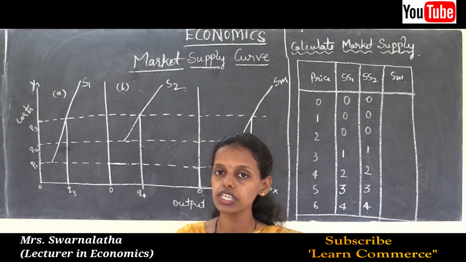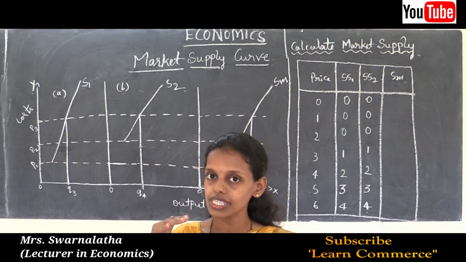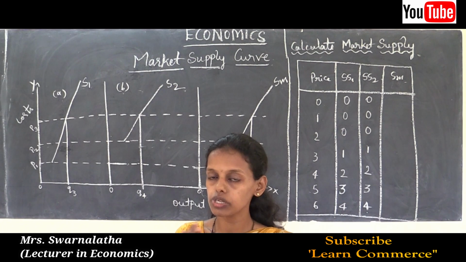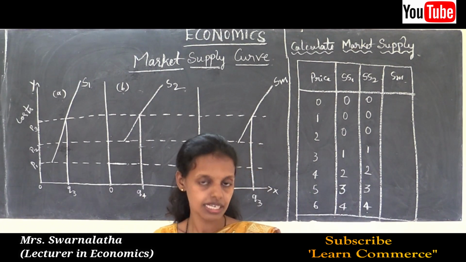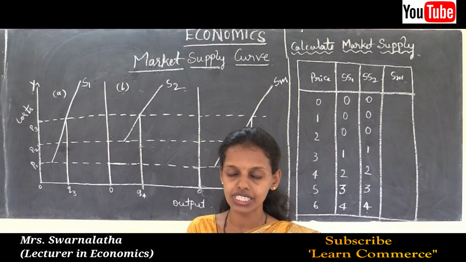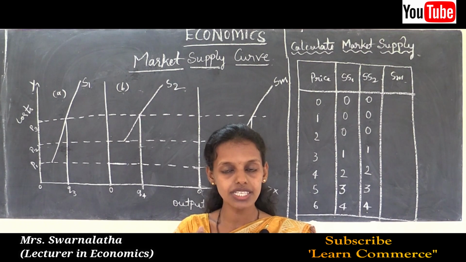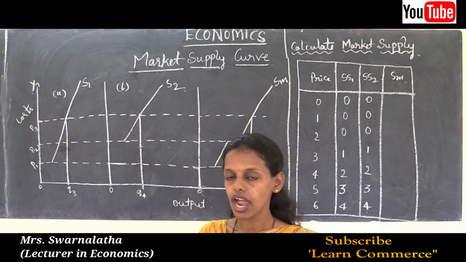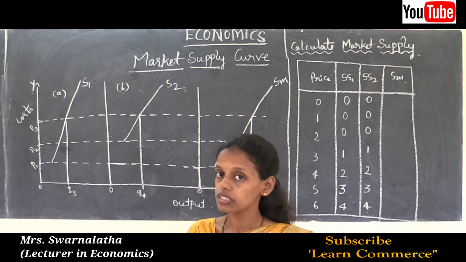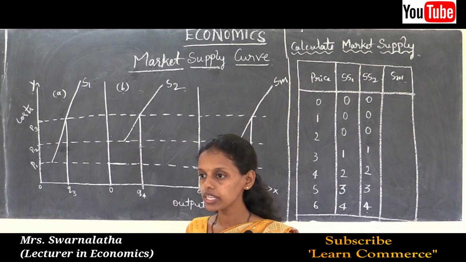If there are changes in the market structure, for example an increase in the number of firms, say firm 1 and firm 2 are there and a new firm, firm 3 or firm 4, enters the industry, that leads to a change in market prices, supply and demand. Thus firm 1 and firm 2 together are called the market supply curve.